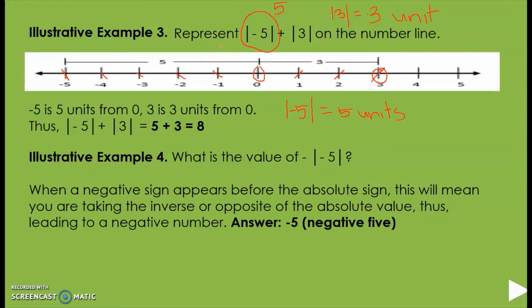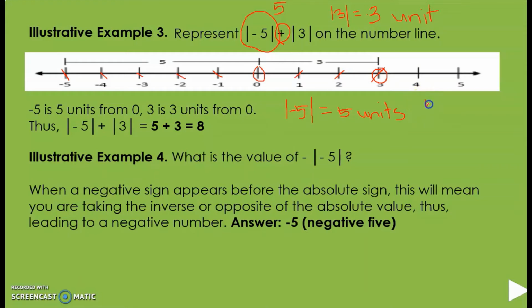After the representations of the absolute value of negative 5 and 3, we're going to count the total of the absolute value of negative 5 and the absolute value of 3, because we are referring to addition. That is why we sum up.